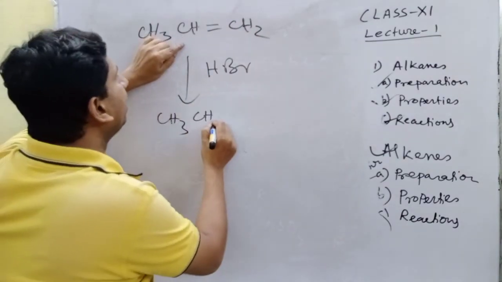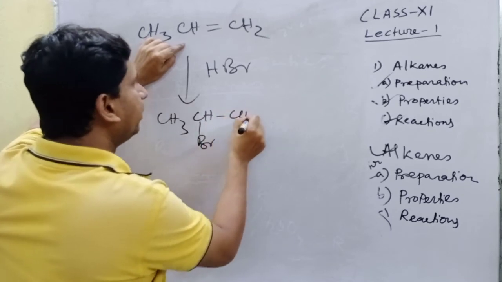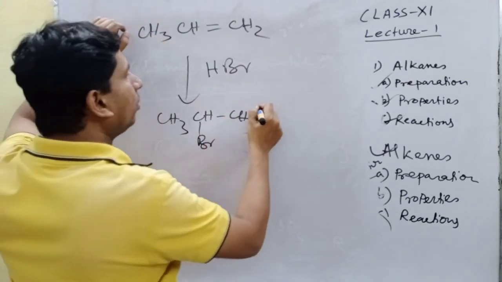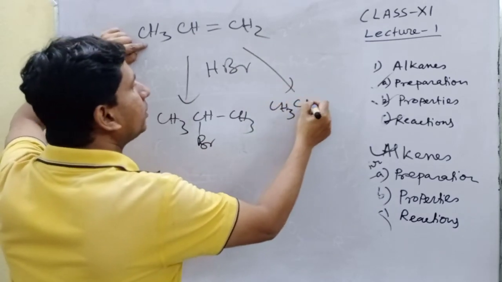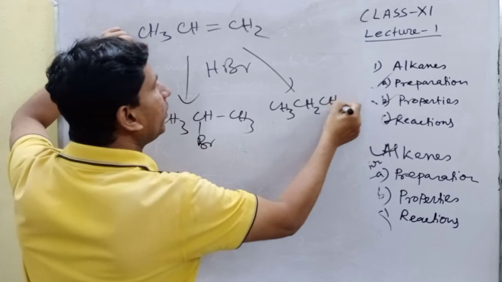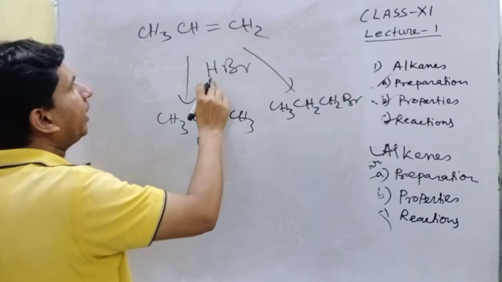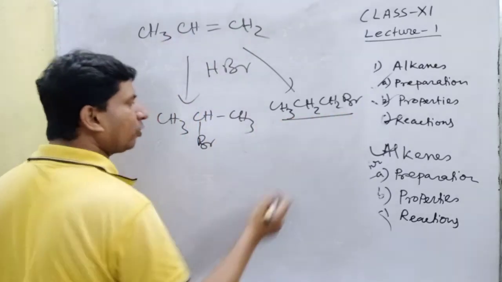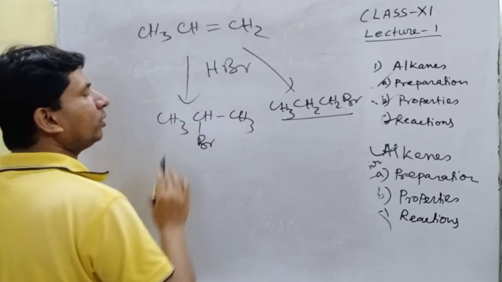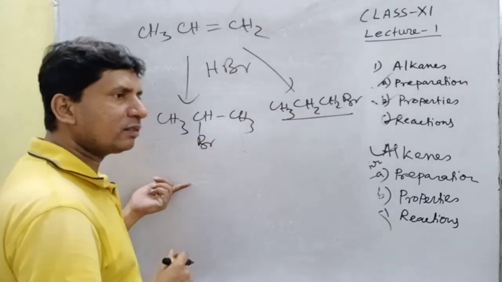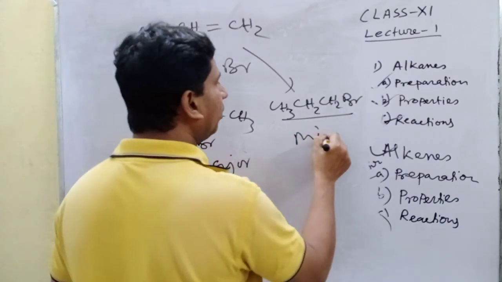The product actually will be CH3 CHBr CH3. But why not CH3 CH2 CH2Br? If Br adds to this carbon and H to this carbon, the product will be this, and if Br is with this carbon and hydrogen with that carbon, the product will be the other. But this is the major and this is the minor.